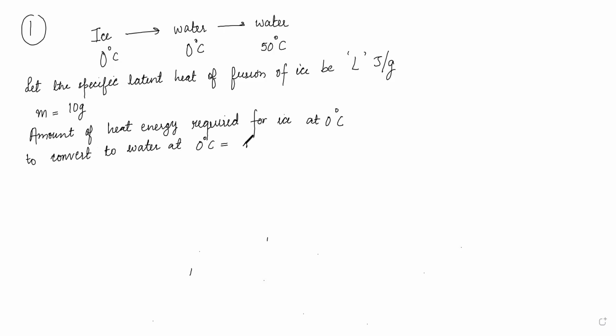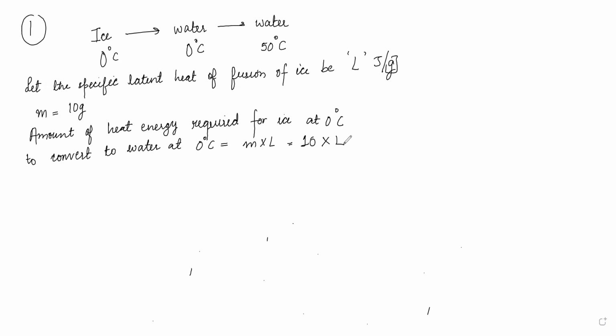This is mass into latent heat. So what is the mass that we have? The mass that we have is 10. We need not convert, because here you can see the specific heat is also given in grams. So it's very fine if you leave it like this. And the latent heat is something that you don't know.